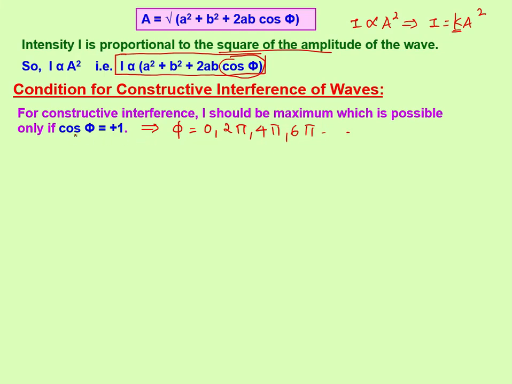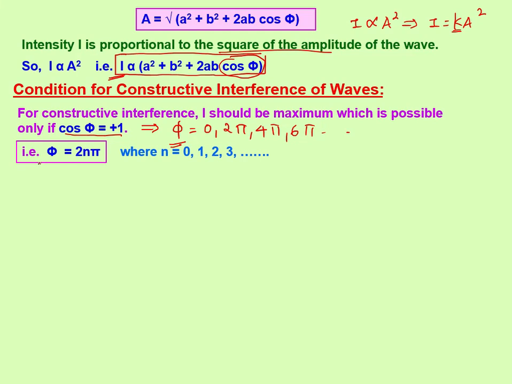So in general, cos phi is maximum, and in turn, intensity is maximum when phase angle is an integer multiple of 2 pi. See, it is 2n pi, where n is taken as 0, 1, 2, 3. You can try n equal to 0, first value, n equal to 1, second value, n equal to 2, third value, like this. Correct?